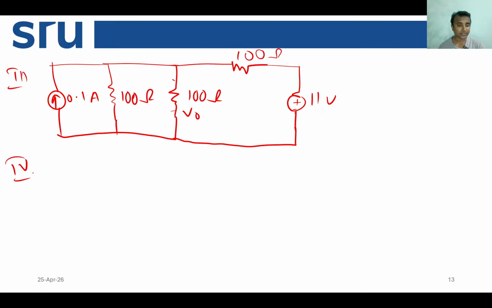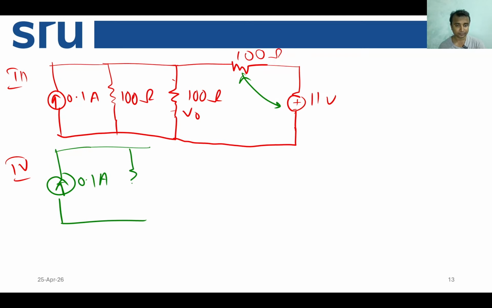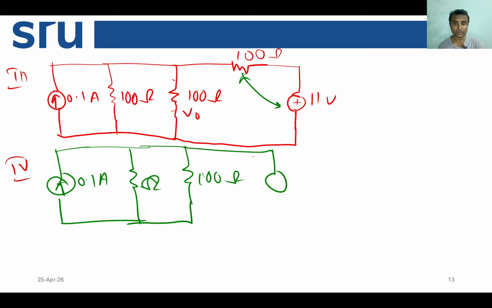Now in the fourth circuit, you can actually convert this into a current source and a parallel resistance. So this is 0.1 ampere still, and this is 100 ohm, and this is also 100 ohm, and that part is the current source, and you also have a 100, because this will be 100 ohm.